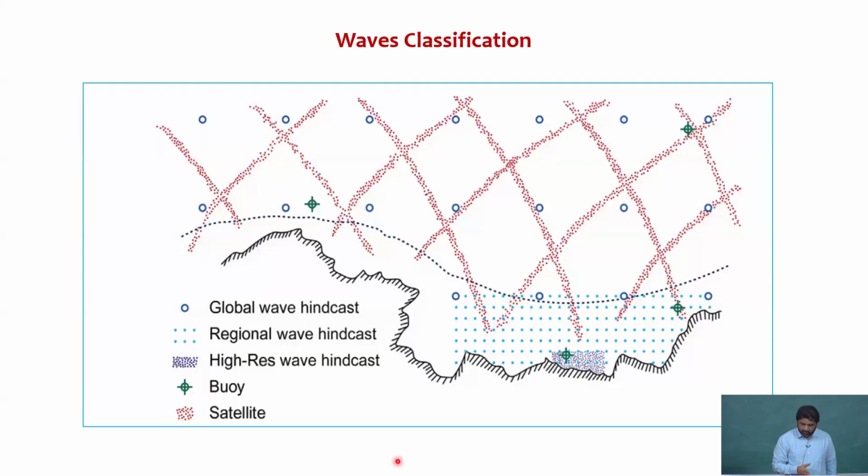Similarly, you can also mount certain high resolution requirements, where you focus on a particular region and collect data, like LIDAR and other things. Now you have a lot of technologies that can focus and get you small area data. Or if you are interested in a particular location, then you can even deploy buoys. NIOT and NIO have their own floating buoys that measure data from particular locations, used for different purposes.